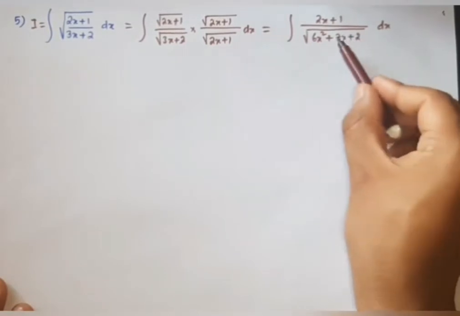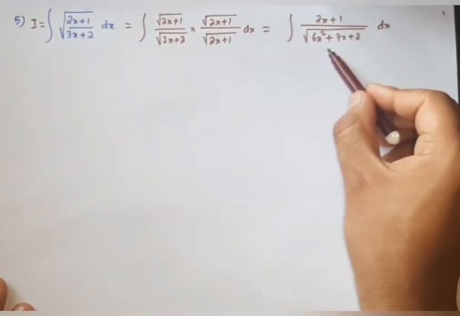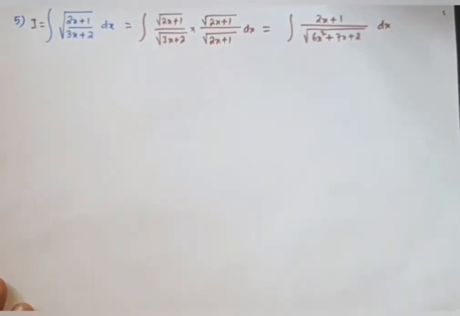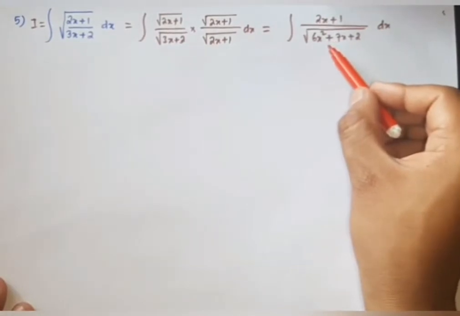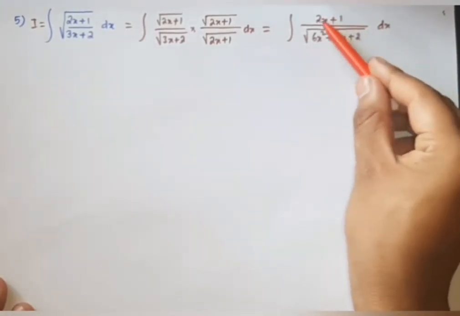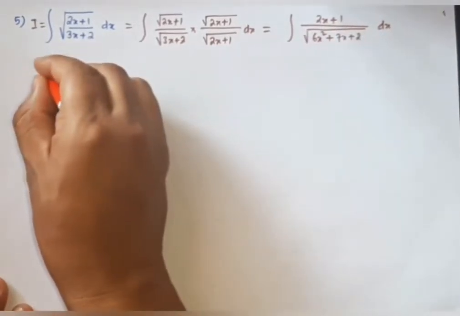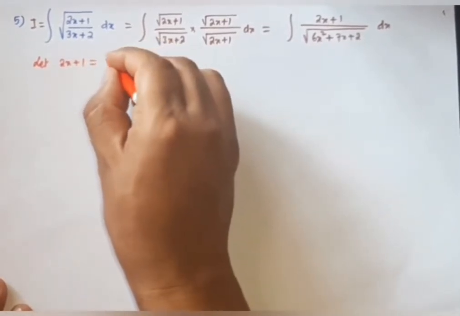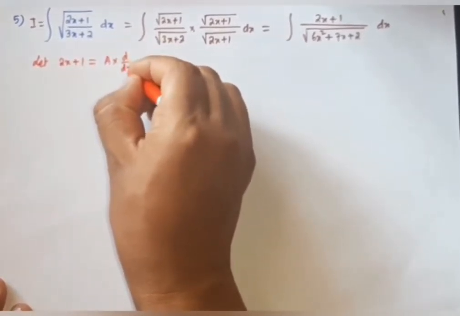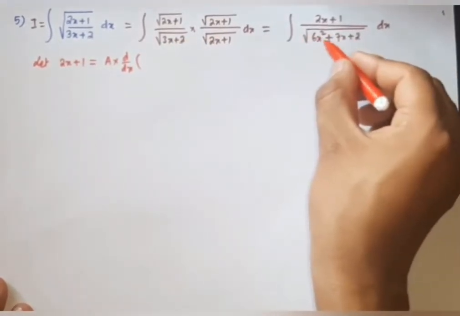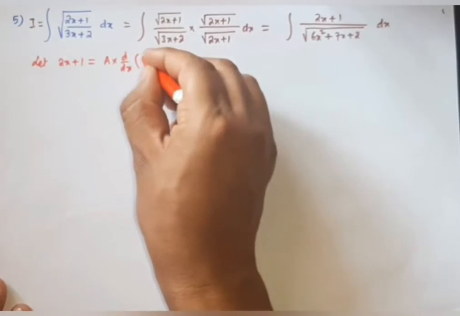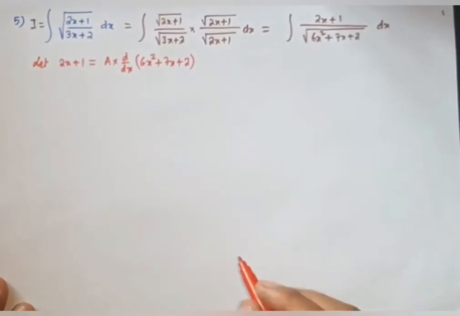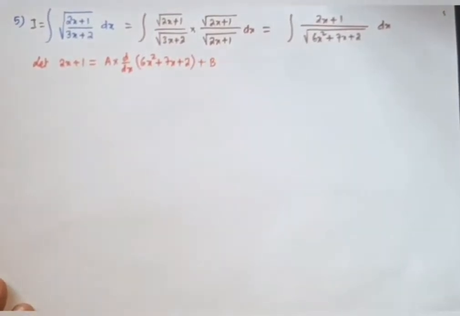Now if you see this particular one, this falls under category B, that is type B. Let us quickly see the solution for type B. Type B says we have to express px plus q as, let px plus q, that is 2x plus 1, equal a into the derivative, that is d by dx of the denominator, 6x squared plus 7x plus 2, plus b also we need to put here.